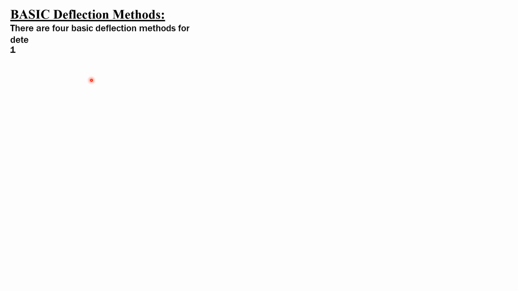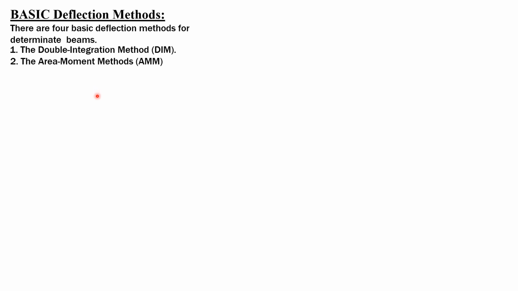Hi everyone. Today I'm going to discuss the derivation of the double integration method. There are four basic deflection methods, namely the double integration method, which we give the acronym DIM, the area moment methods or the area moment theorems, which we give the acronym AMM, and third, we have the slope deflection or the conjugate beam method, which we give the acronym CBM.